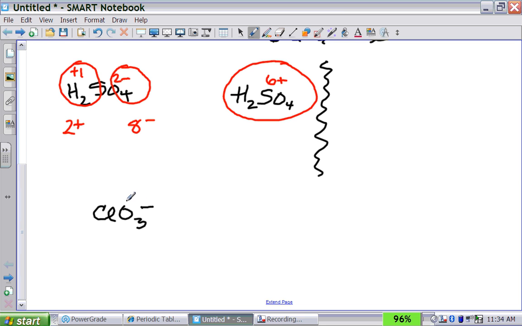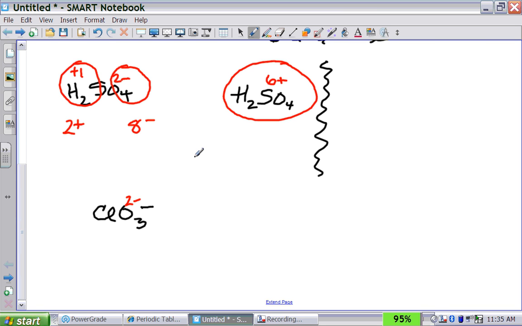And you should have said that oxygen is a 2-, which is true. Chlorine is normally a 1-, but once again, we need to look at the fact that chlorine is in a position as a cation, which means that it cannot have a negative charge like it normally would because of electronegativity.